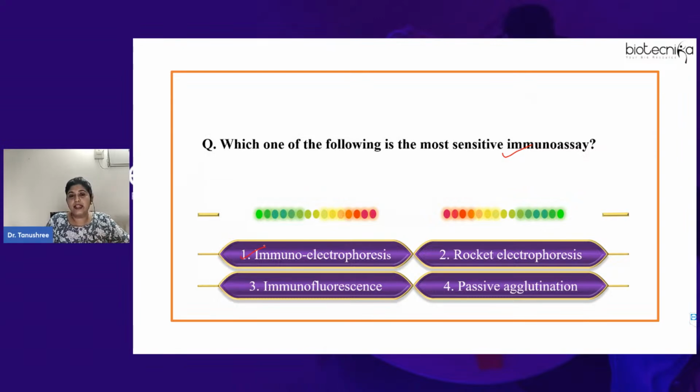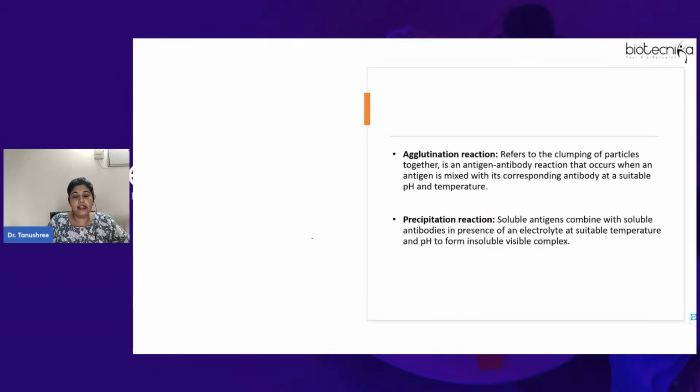So sensitivity is the low quantity of an analyte that a technique can detect. Like when you say radioimmunoassay is a sensitive technique, it is because it can detect as low as picogram of an analyte, right? So similarly here, to answer this question, you need to be familiar with the two terms agglutination reaction and precipitation reaction.